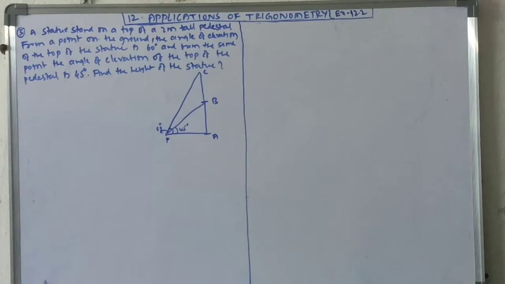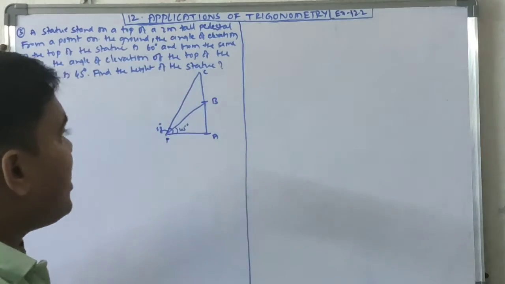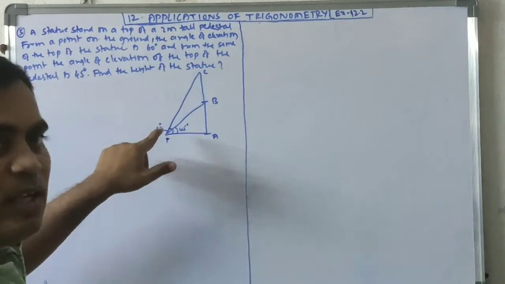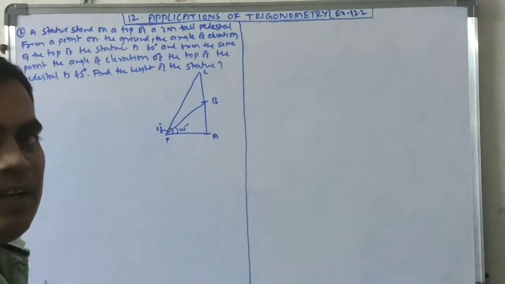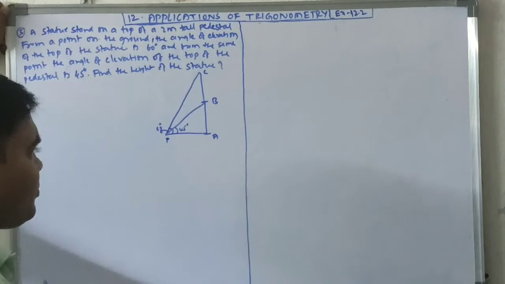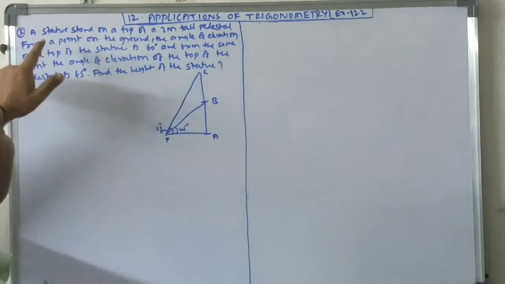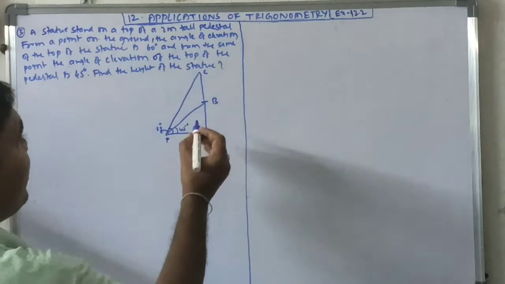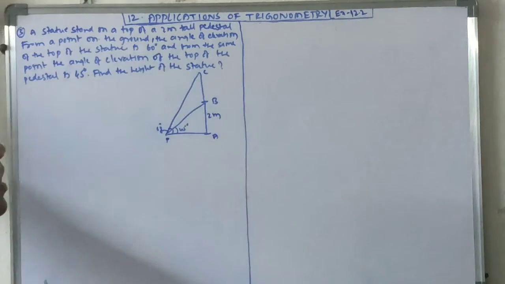Okay, now AB is the pedestal, BC is the statue. The angle made by the statue to the point on the ground is 60 degrees. With the pedestal, the angle is equal to 45 degrees. Then we need to find BC. The height of the pedestal is 2 meters, given, and the height of the statue is required.